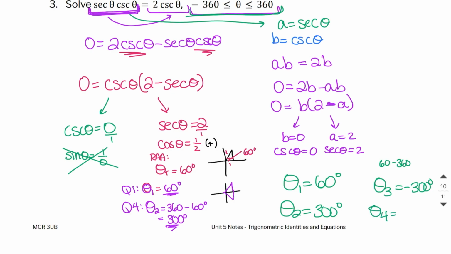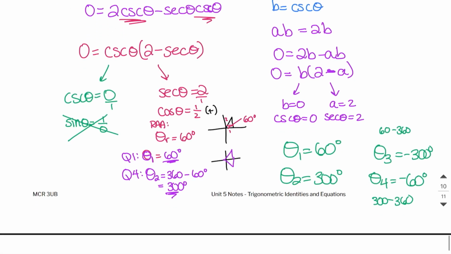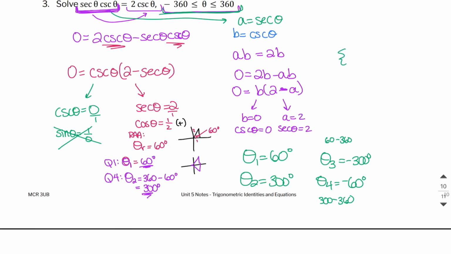And then the second answer is going to be negative 60 degrees because you do 300 minus 360, or you can just see right here that you're going backwards by 60 degrees. So your four solutions that we get right here are negative 300 degrees, negative 60 degrees, 60 degrees, and 300 degrees.